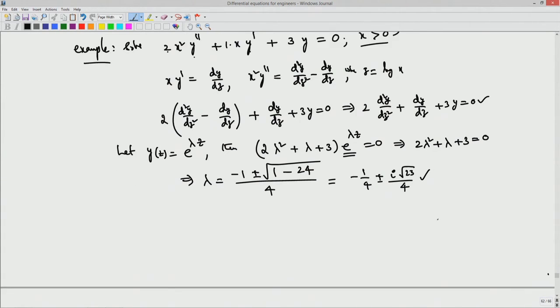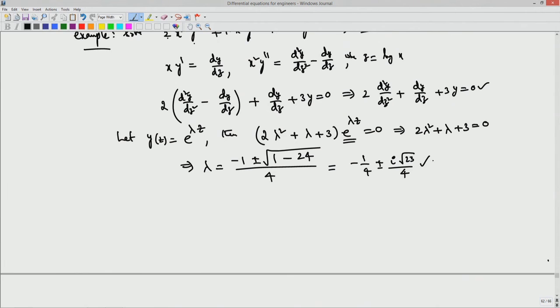These are two complex roots: lambda 1 is minus 1 by 4 plus i root 23 by 4, and lambda 2 is minus 1 by 4 minus i root 23 by 4, where i is root minus 1, the imaginary number.